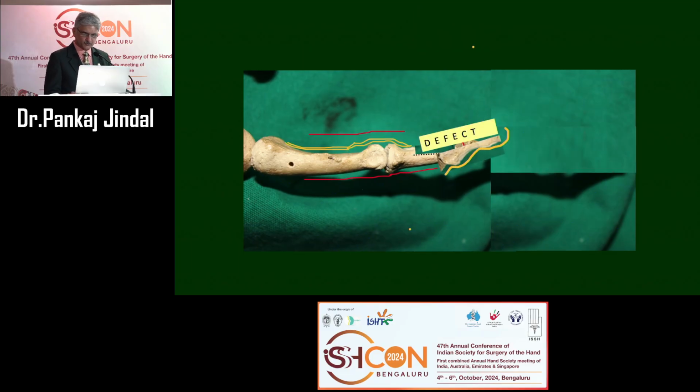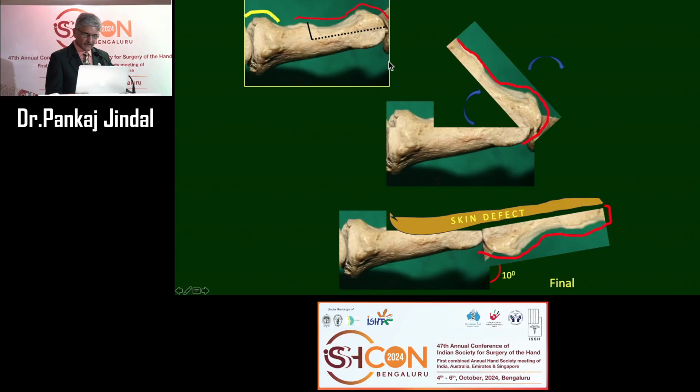And the defect so created is covered with a cross-finger flap. Again, the volar skin with the volar cortex of the middle phalanx is osteotomized, and the defect is covered with a split thickness skin graft and fixed in about 10 degrees of flexion. And this is hinged on the dorsal skin.